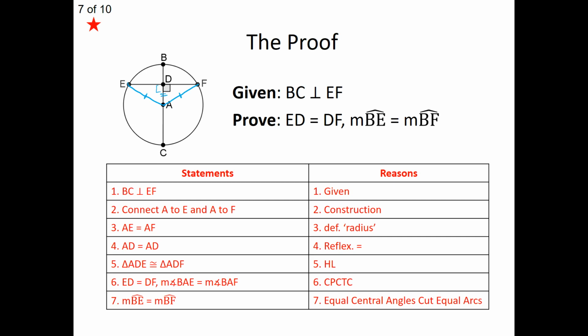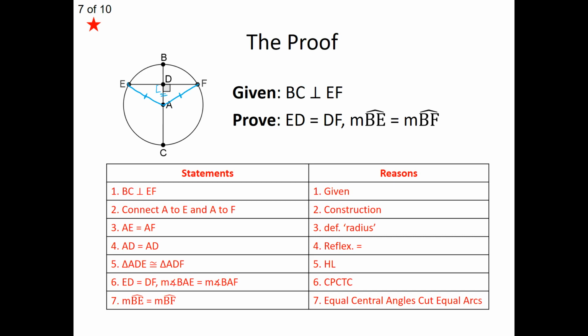Because of that, with our equal sides AE and AF, and our equal side AD by reflexivity, what we have is the special congruence case of HL, hypotenuse leg, because AE and AF are the hypotenuses of the right triangles. AD is the common side, which is an equal pair of legs, and of course with the given BC perpendicular to EF, we know they are right triangles.